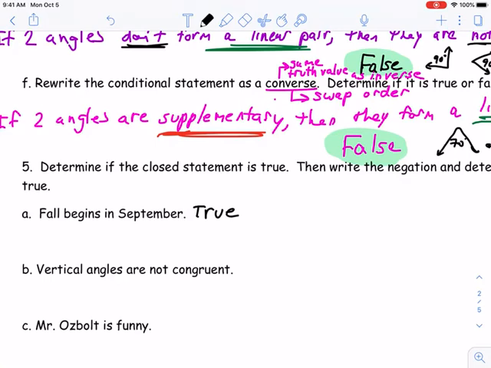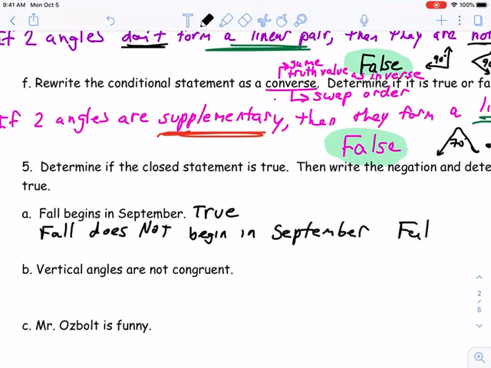I always feel like the first day of real fall is September 1st. But anywho, negating it would be keeping the same statement, but just putting not in it. So let's say, fall does not begin in September. And since I negate it, it's changing the truth value, and that's false.